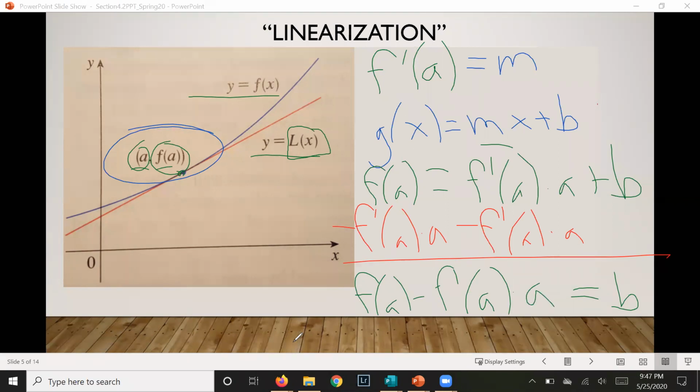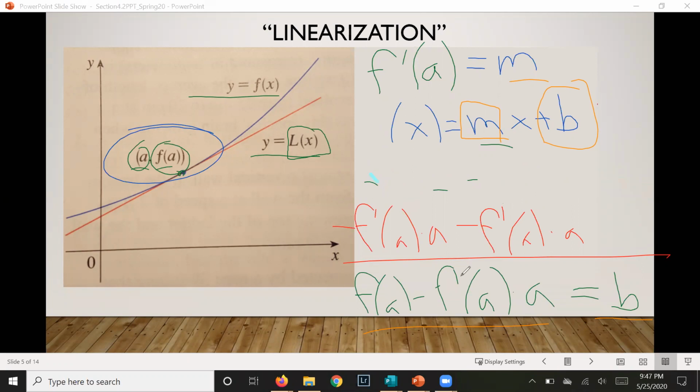So now we have the value for b here. Let's again have our value for m, so we can plug those in up here to write the equation of the tangent line. So I'm going to erase again. Okay, so let's plug this information in.